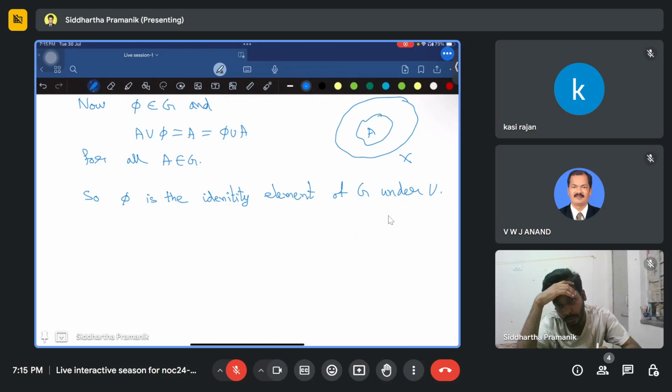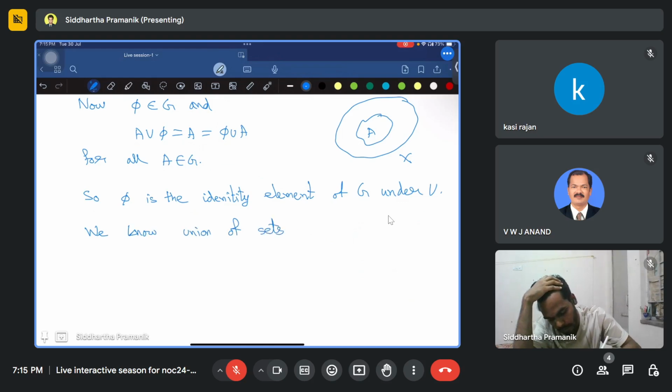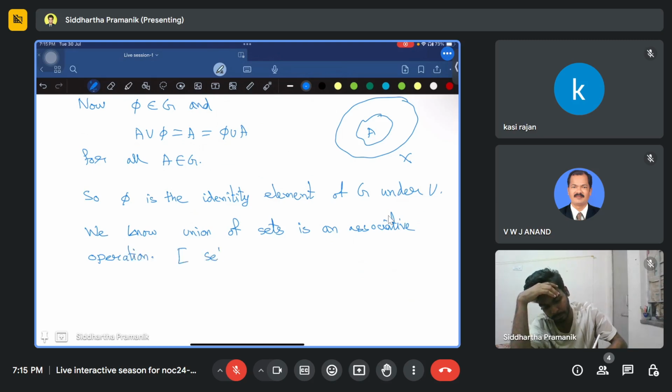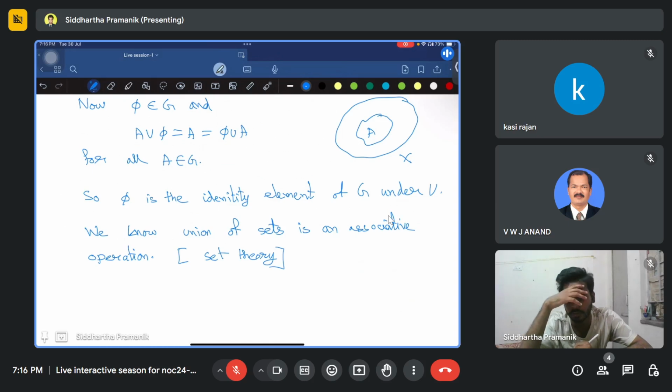And from set theory we know that union of sets is an associative operation. So the fourth property also holds.